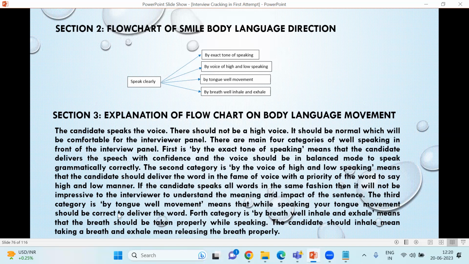The third category is tongue well movement, which means that while speaking, your tongue movement should be correct to deliver the word. The fourth category is breathe well, inhale and exhale, which means the breath should be taken properly while speaking. The candidate should inhale, meaning taking a breath, and exhale, meaning releasing the breath properly.